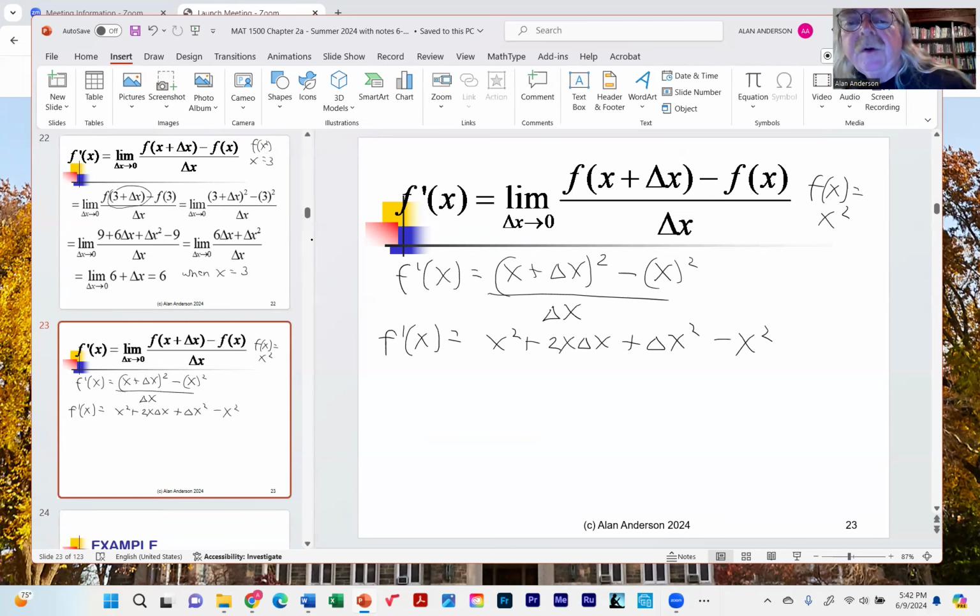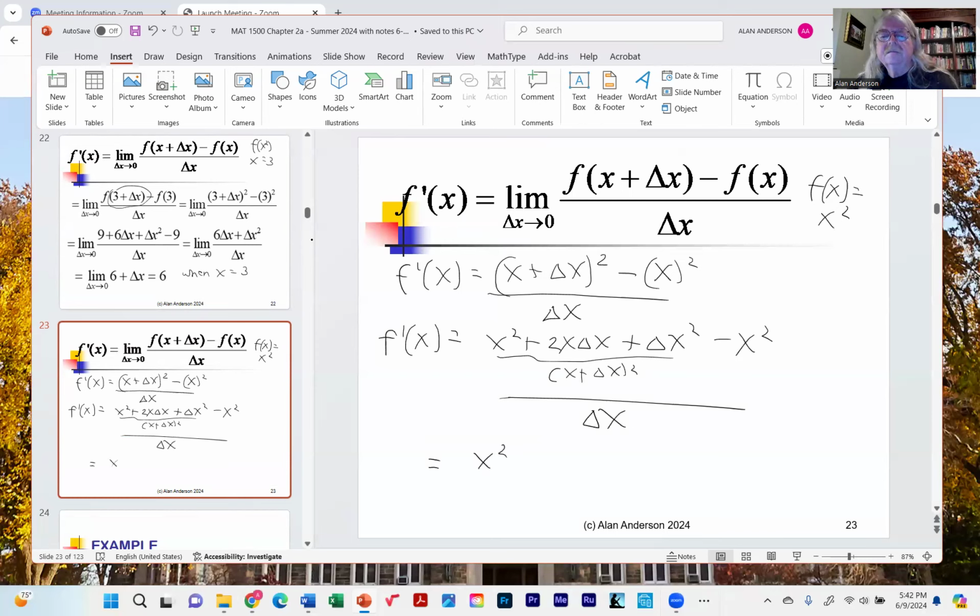Now, by the way, if you applied FOIL to x plus delta x squared, this is what you'll get. Now, I'm going to simplify this. Oops, what did I do?